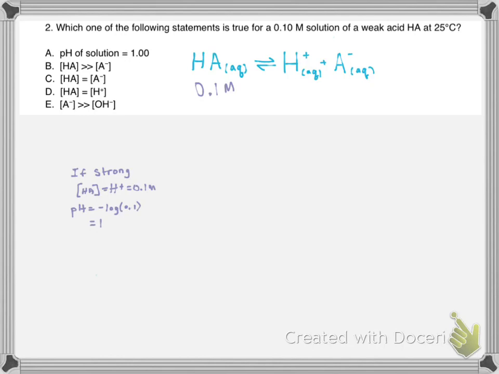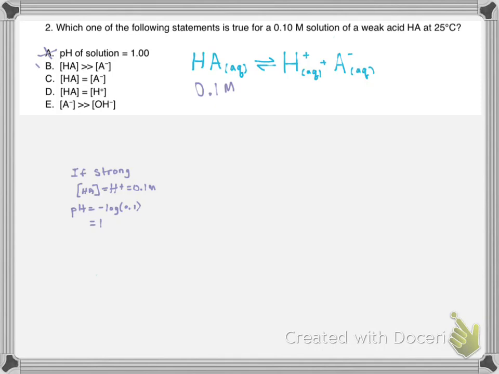But our acid isn't strong, right? They tell us it's a weak acid. Okay, so that can't be true. Our pH is going to end up being higher than that because we're not going to completely dissociate into protons. Part of being weak also means we're not dissociating very much.